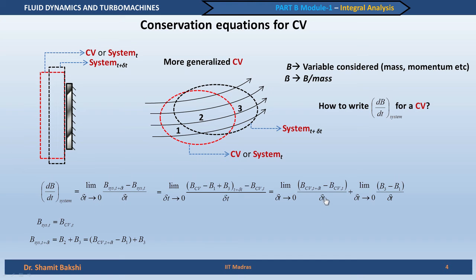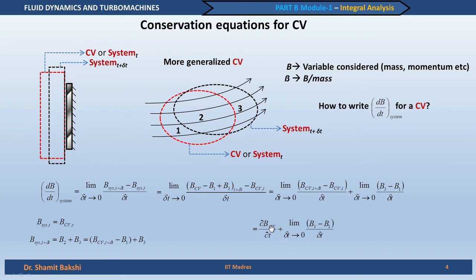So, this is the time derivative from the first principles, and this is the rest of the term, which is b 3 minus b 1 by delta t. We will see how to deal with this second part of this expression, but right now we can directly write this as the partial derivative of the quantity b in the control volume with respect to time.